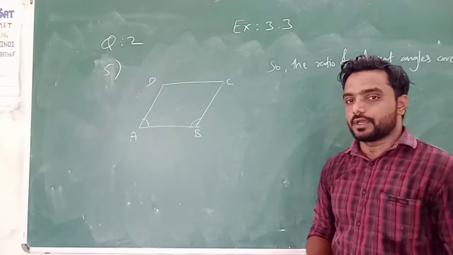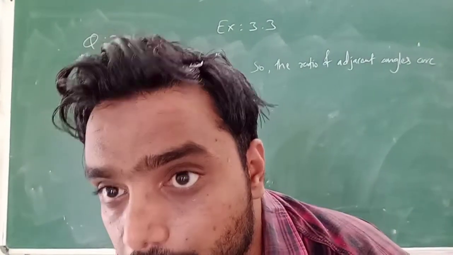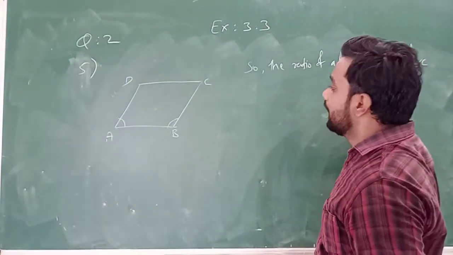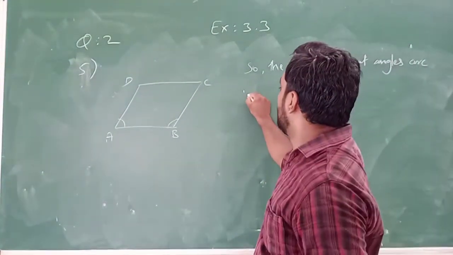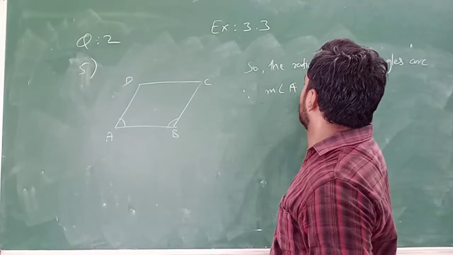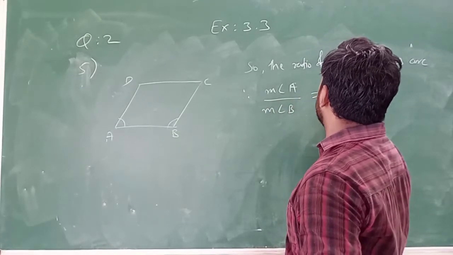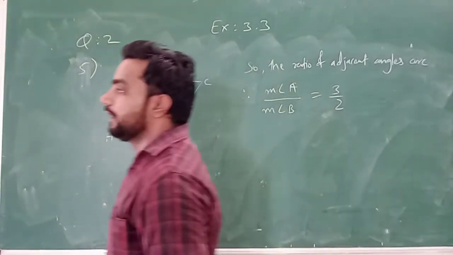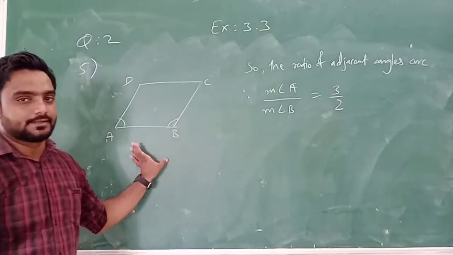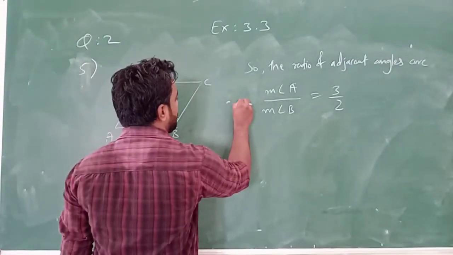Understand or not? So according to that, I can write that therefore measure angle A is to measure angle B is equal to 3/2. This is already given in the question: take any two adjacent angles and their ratio should be 3:2, that is 3/2.